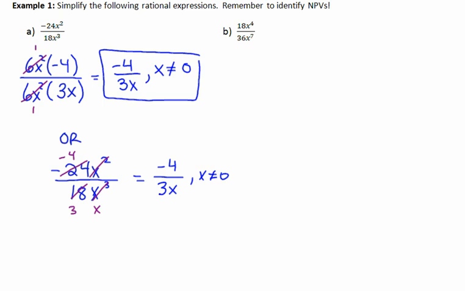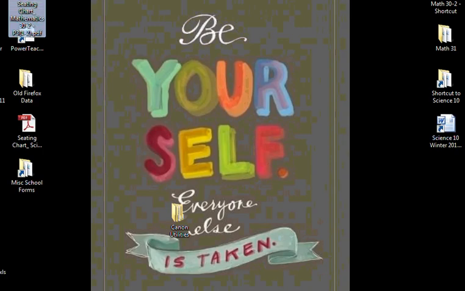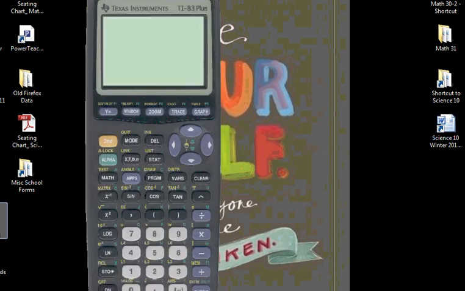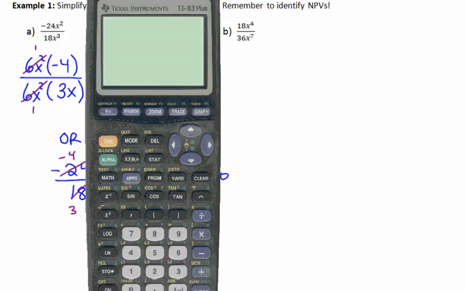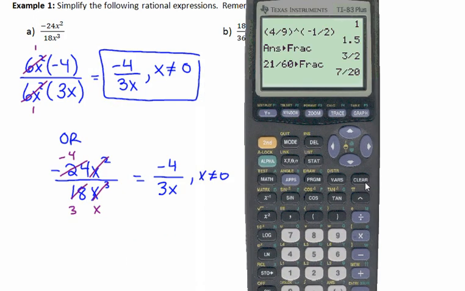Now with your calculator, can your calculator reduce fractions for you? Yeah. Everyone grab their calculators. Open up. There you go. Okay, how would I reduce negative 24 over 18? Obviously, we can't do the x's.